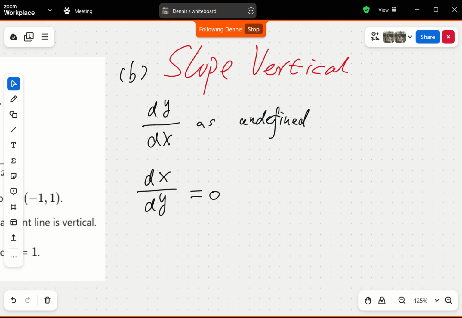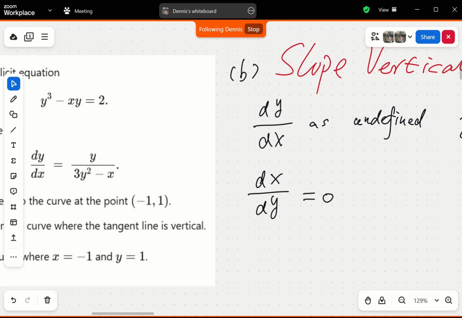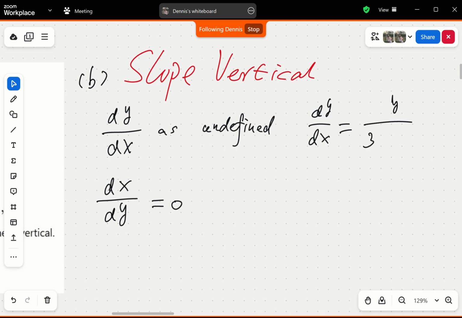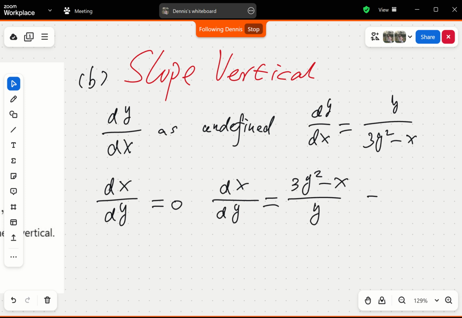And dy/dx is already given as y / (3y^2 - x). Therefore the reciprocal, dx/dy, is just (3y^2 - x) / y. It should equal 0.